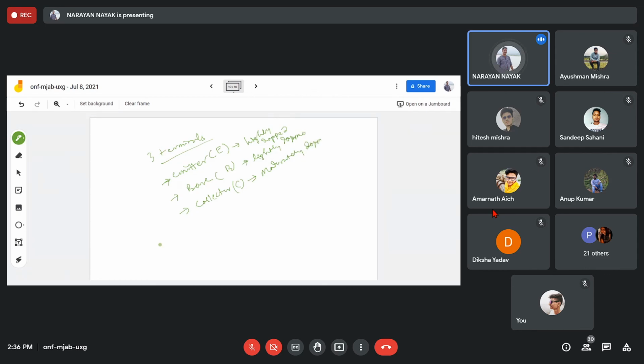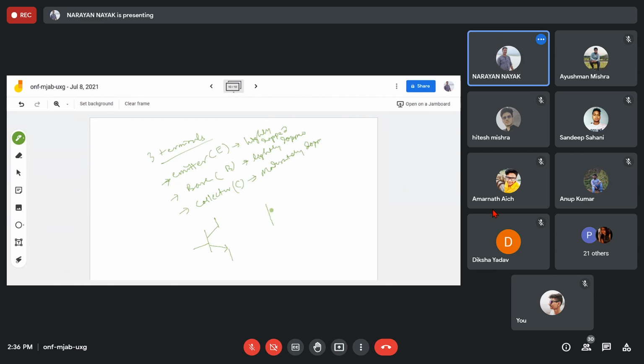Now, what is the symbol of the NPN transistor? I am showing the NPN transistor here. This is the symbol.